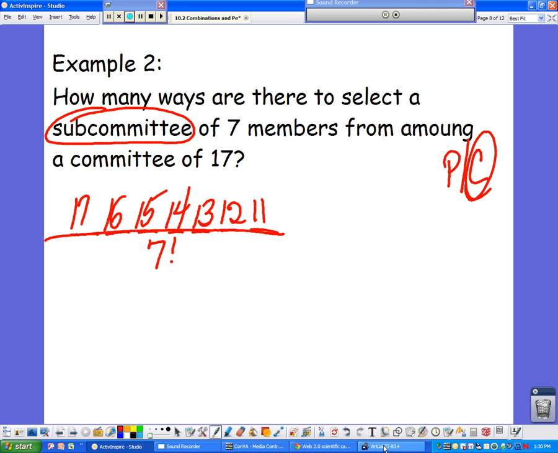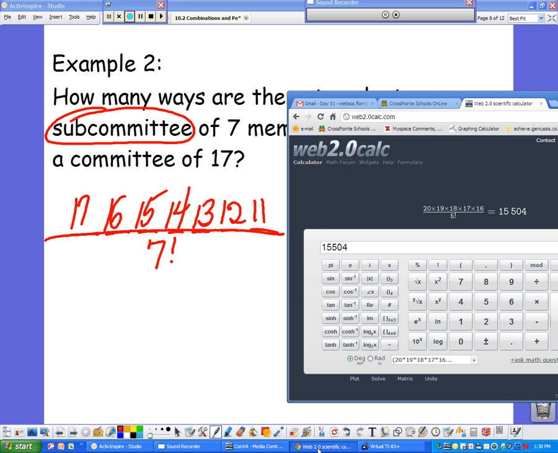All right, so just like the last one, let's clear this out. We're going to do 17 times 16 times 15 times 14 times 13 times 12 times 11 divided by 7 factorial.